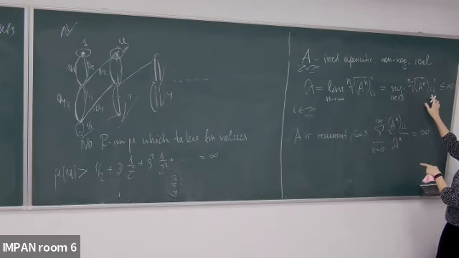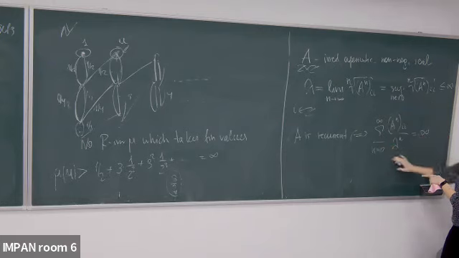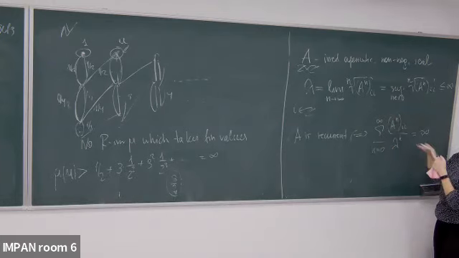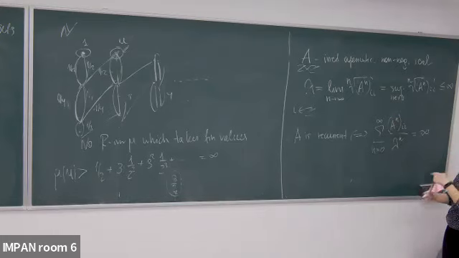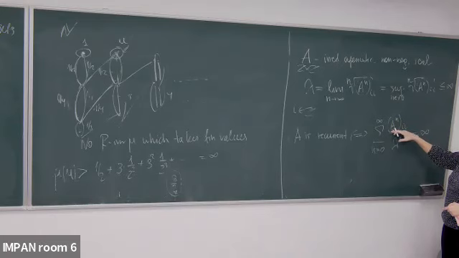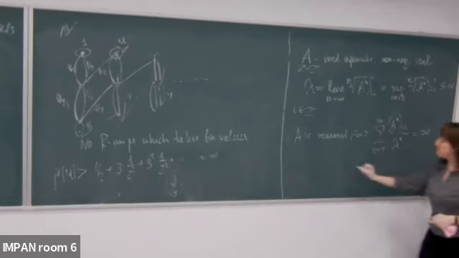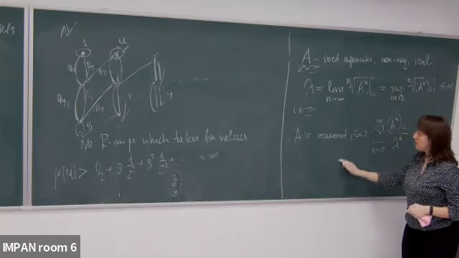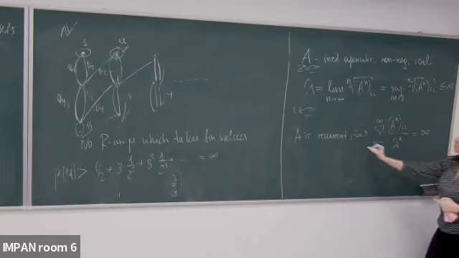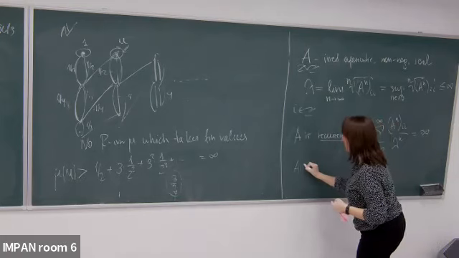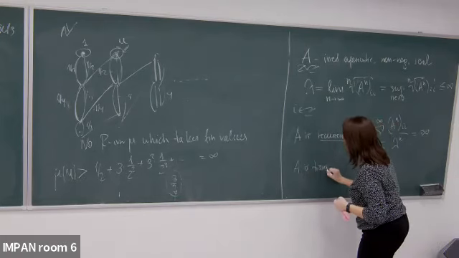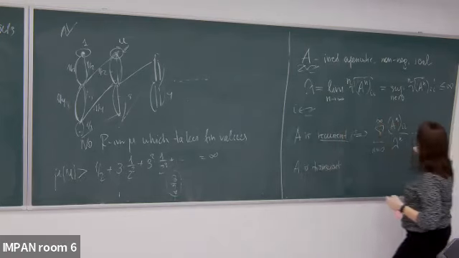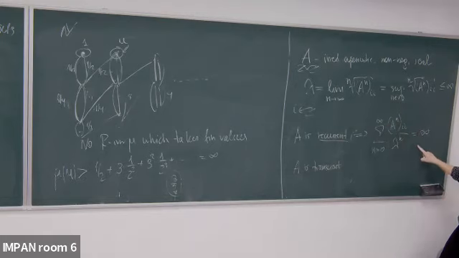We assume here that lambda is finite. If this is infinite, then we say A is recurrent. This notion is usually used in Markov chains for stochastic matrices, for lambda equal to 1 and A a stochastic matrix. It means that for every i the expected number of returns to i is infinite. So it's called recurrent, and it's called transient if this sum is finite.